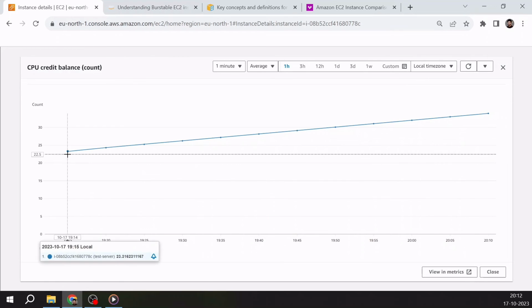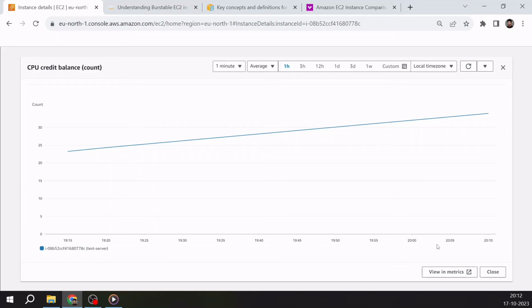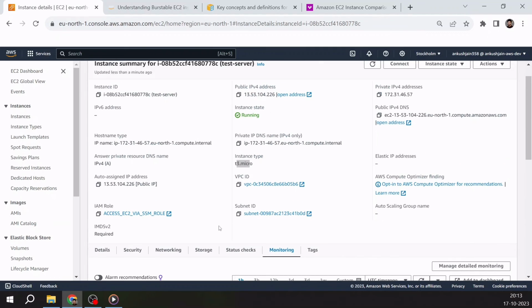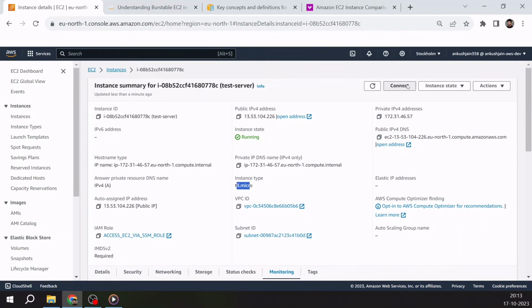It was 23 at 7:15, and now around 8 it is 33. So we are earning CPU credit balance, and the graph is going upward, because I have not consumed these credits. Once we put stress on this EC2, the CPU utilization will go high, and we will consume the earned credit balance, so it will go down. That is what is going to happen.